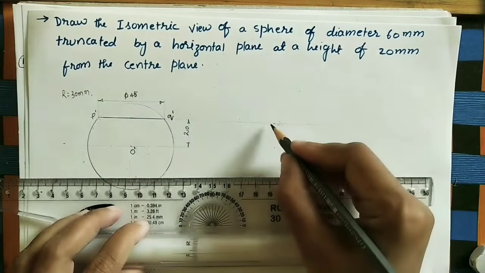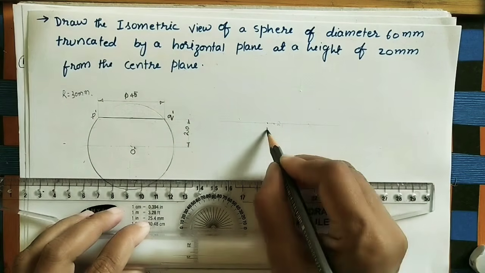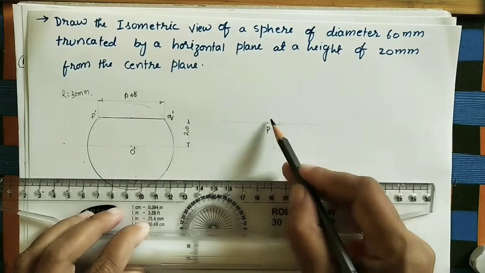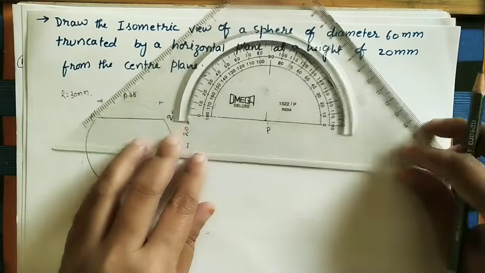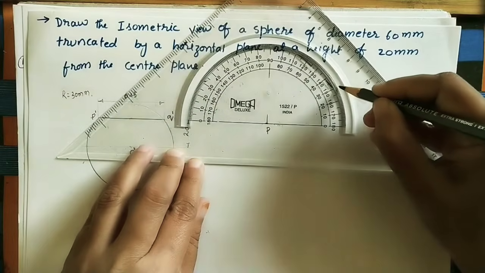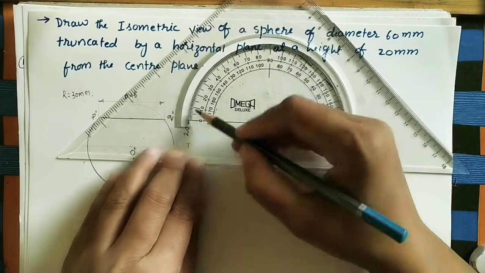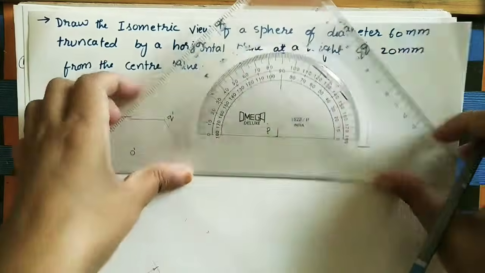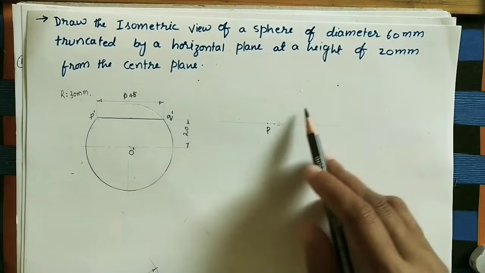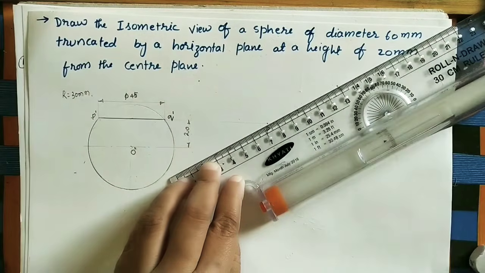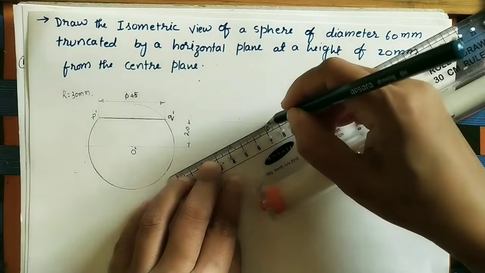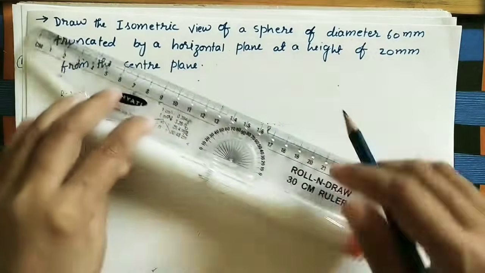So here I am taking capital P point. Here and here I will take 30 degrees by using the protractor. So 30 degrees this side and this side also 30 degrees. We got these 2 points. Here do one line of some length, do thin lines, just of some length, and this side also one line.